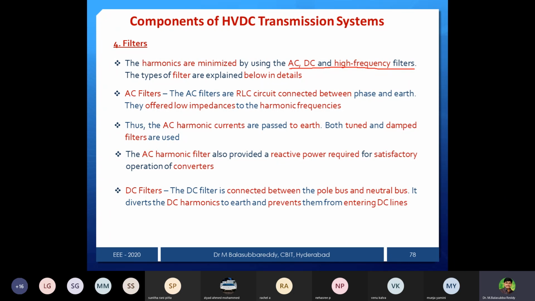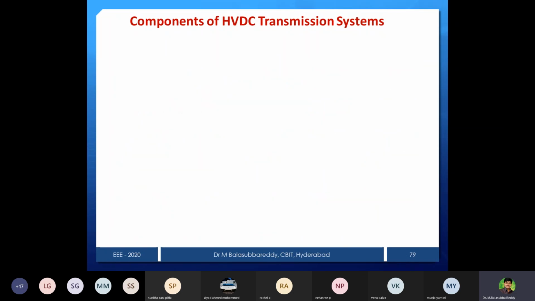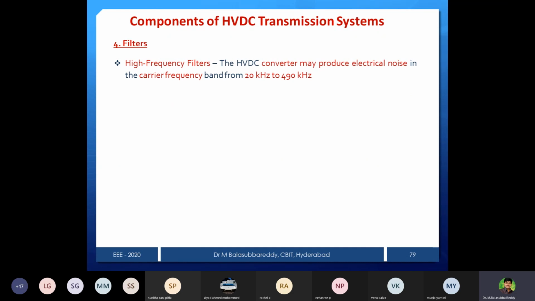It diverts the DC harmonics to earth and prevents them from entering the lines. That harmonics will not enter the line, it will pass through the earth only. Such a filter does not require reactive power compensation. Only the AC side requires reactive power compensation, but the DC side does not.